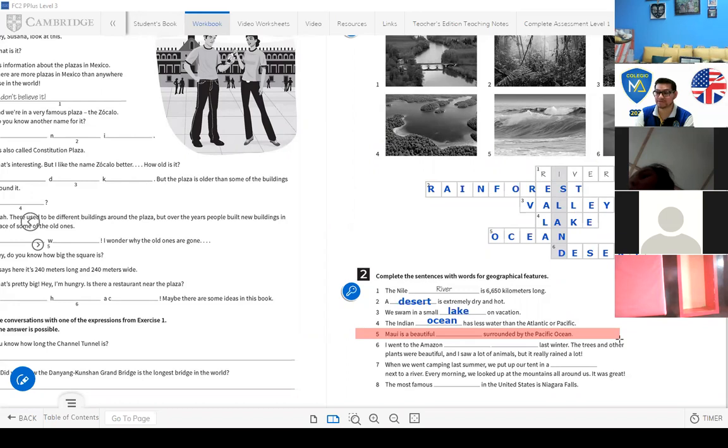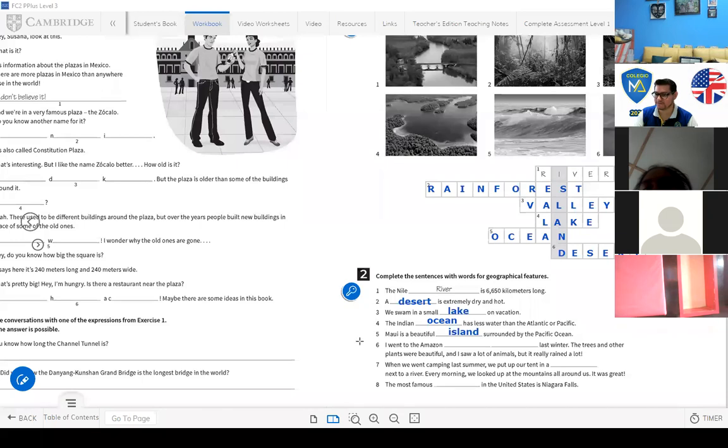No idea, students? Maui is a beautiful island, ¿no? What is surrounded? Qué está rodeado por ocean, por water? Island. Yeah, no? You say Maui is a beautiful island surrounded by the Pacific Ocean.